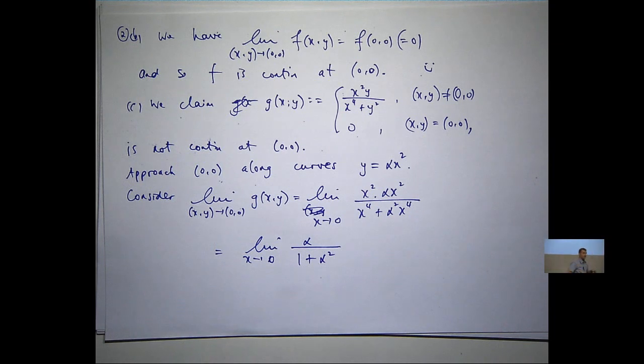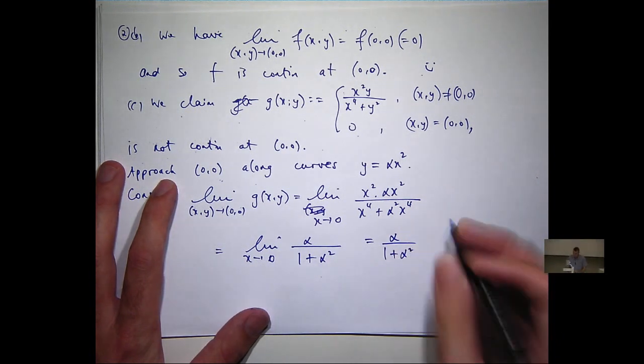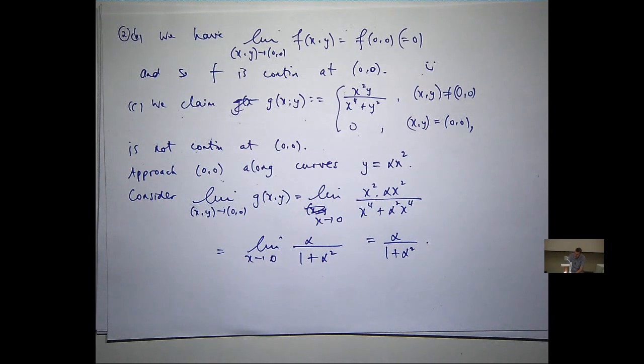I can take the limit as x approaches 0. There's no x's in that. So my limit is a function of this coefficient alpha. So if I change alpha, if I go through two different parabolas, my limit's going to be different. I'll get two different limits. So by the two-path test, the limit doesn't exist.